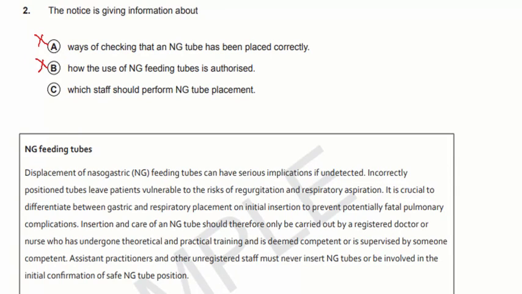The third one says which staff should perform nasogastric tube placement. This is obviously what the paragraph was talking about.